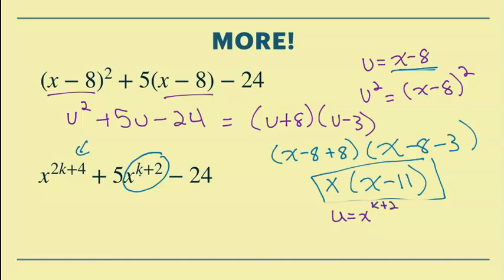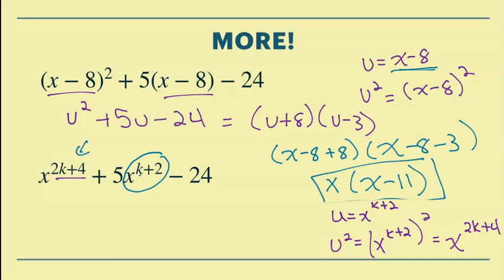All right, and U squared is going to be x to the k plus 2 squared. Well, let's see if that works out. So I'm going to multiply this exponent by 2, and I get x to the 2k plus 4. Does that match my first term? Oh, it does. So I'm good. So I have a U and a U squared, and they match the terms that I'm given.